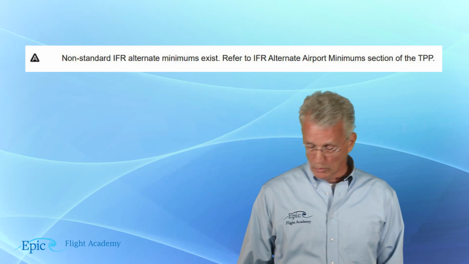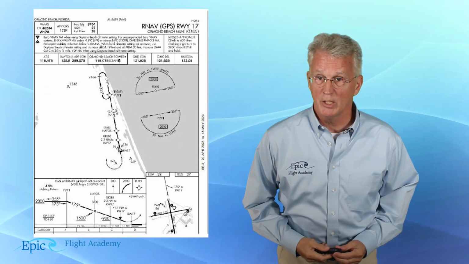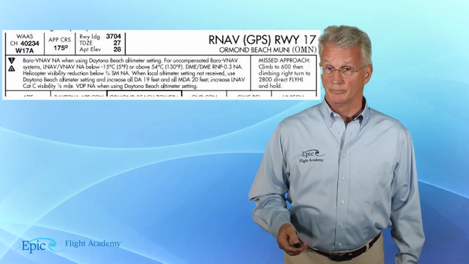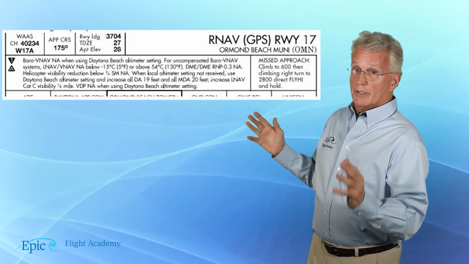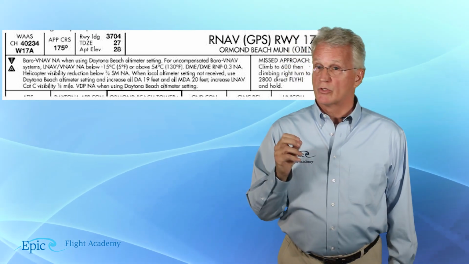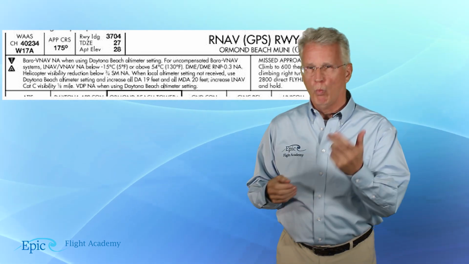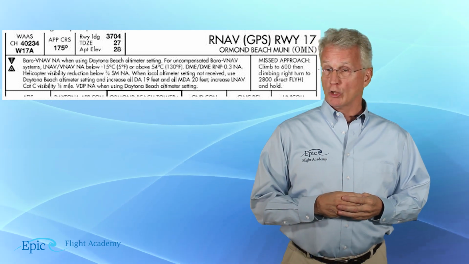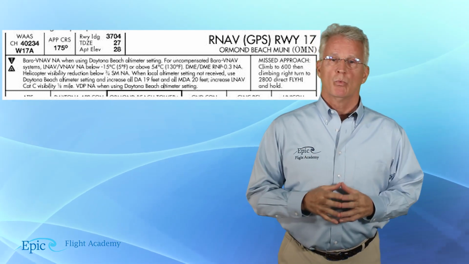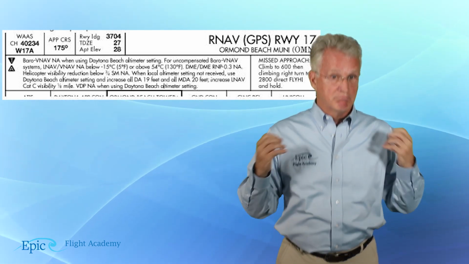Now, here we're showing an RNAV approach to the Ormond Beach Airport with the briefing strip expanded. What we'll do in this case is look in the TERPS in section M as in Mike, and determine what those alternate minimums actually are. Then we decide if that's going to work for us on this flight.